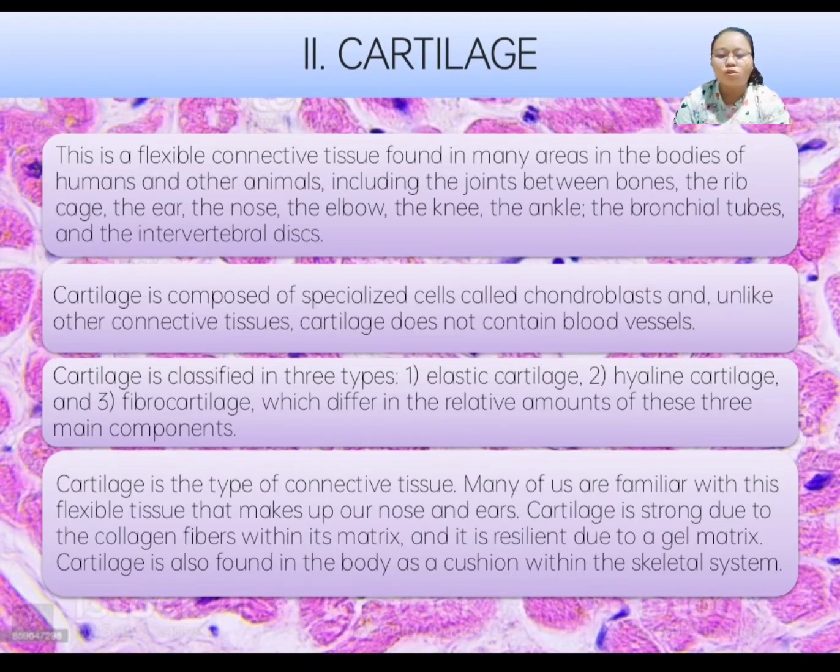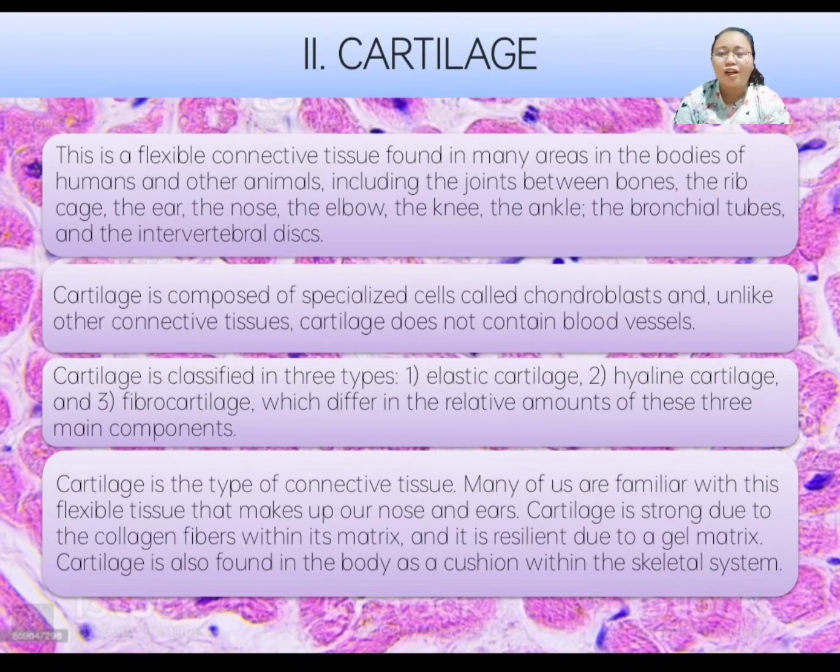Cartilage is composed of specialized cells called chondroblasts, and unlike other connective tissues, cartilage does not contain blood vessels. Just remember that cartilage does not contain blood vessels.